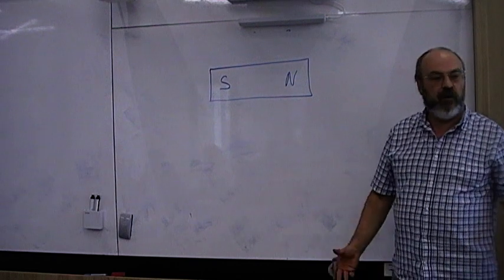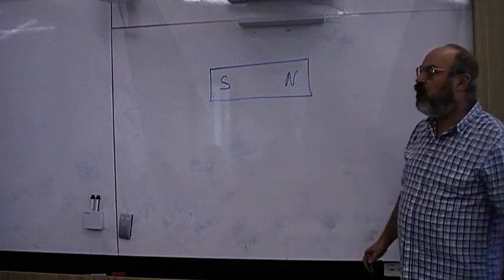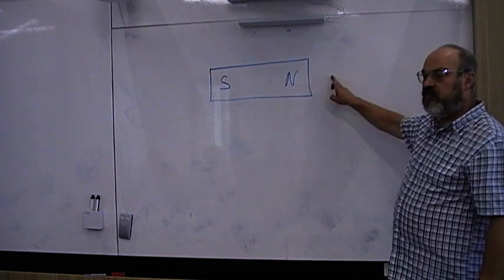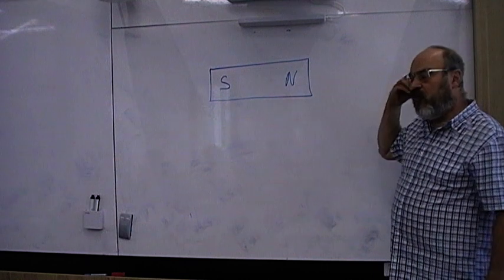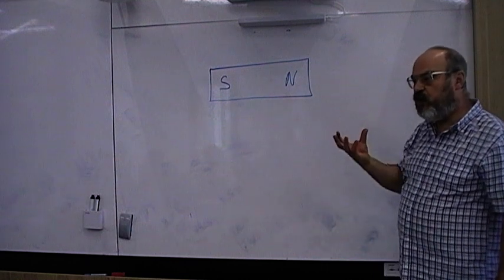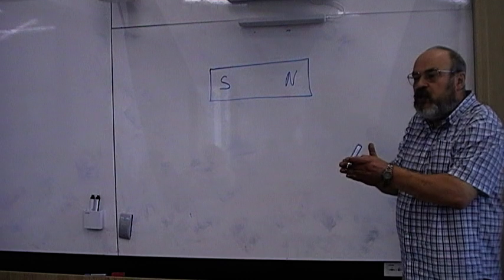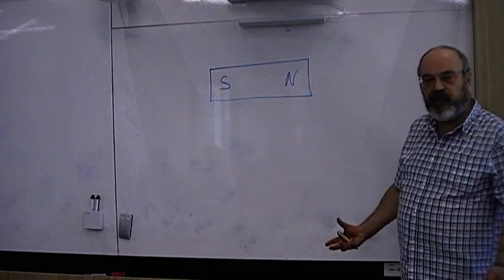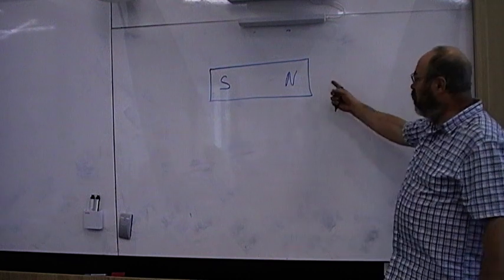And because north and north repel, north and south attract, which direction compass will be pointing? With its north pole, north and north repel. So it will be pointing away.